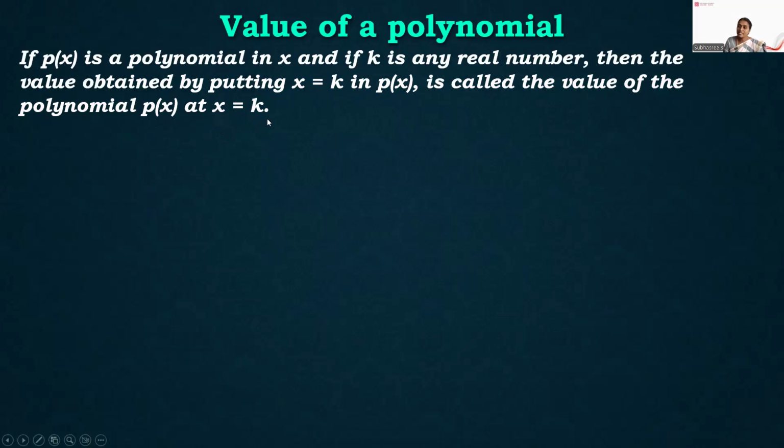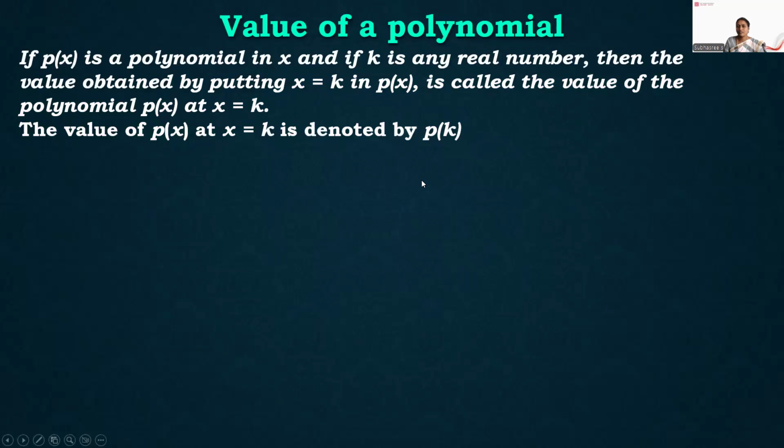X equal to minus 7, p of minus 7. In the place of x, you are going to give a real value number. Understand? The value of P of x at x equal to k is denoted by P of k. Suppose if x equal to minus 1, then we will write P of minus 1.